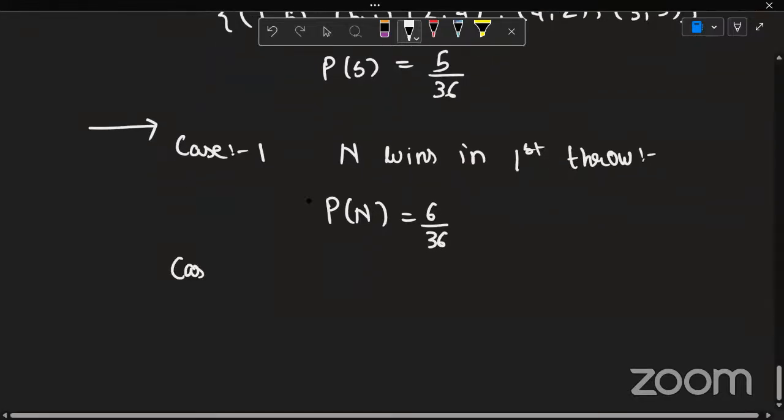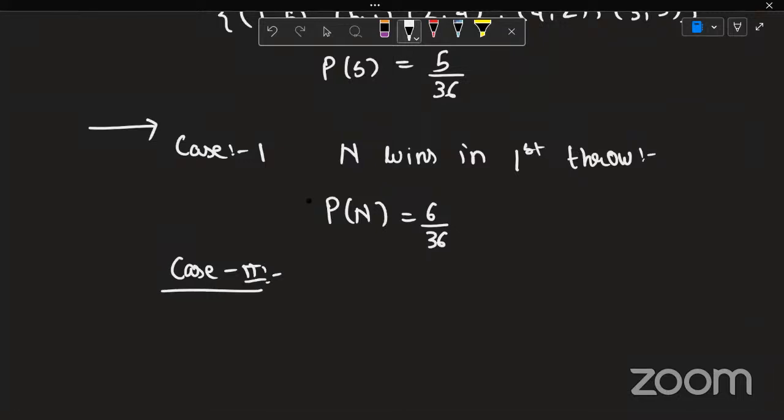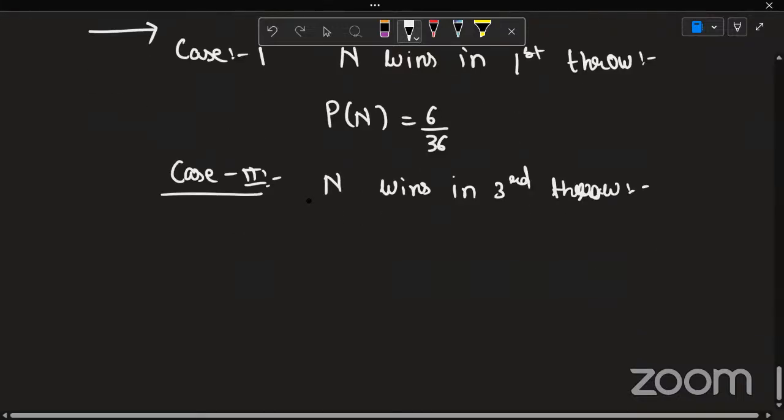Case 2 will be, let's say, she is winning, but now she cannot win in the second throw, right? Her second throw means it's the third throw of the game. So I am saying N wins in the third throw. That means first Nina loses, then the boy loses, then she wins.